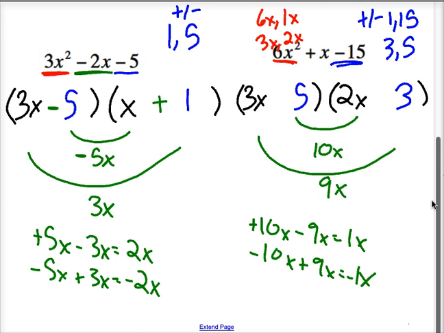Now if you notice, that is exactly what I'm shooting for. I'm shooting for an x. So that means I want my 10 to be positive, my 9 to be negative. So I carry that negative over, so I get a negative 9x, which means I put my positive there, and that is the end of my problem.